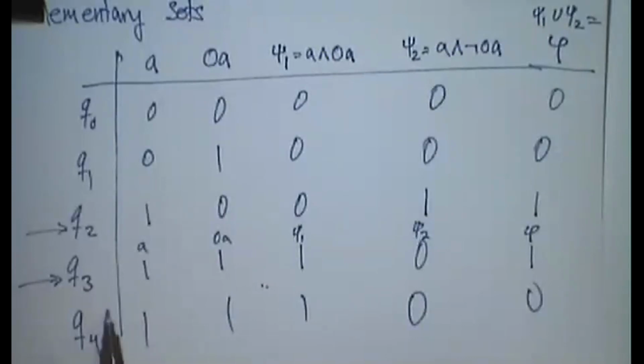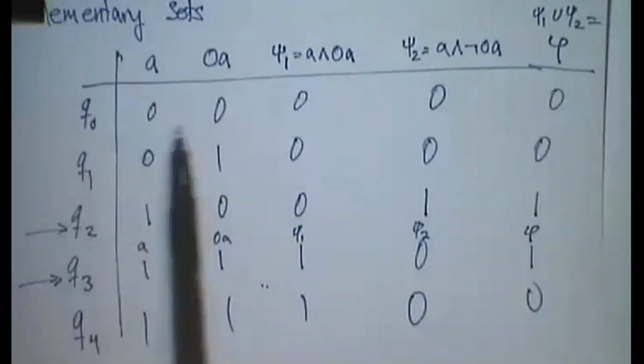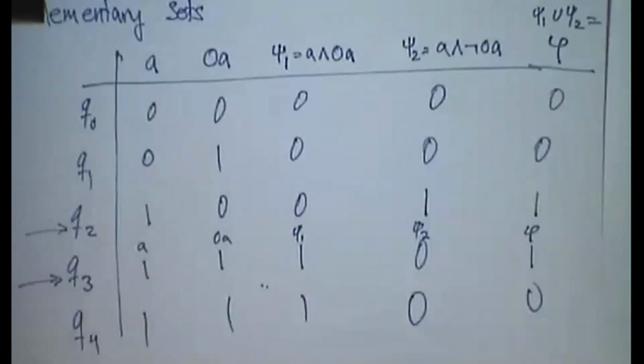Okay, if I'm at Q3, I should satisfy A, but I should also satisfy next A. So I cannot have any successor that does not satisfy A, because all of my successors should satisfy it, right? So I can't go to Q0, I can't go to Q1. Right? Can I go from Q3 to Q4? Why not? So at Q3, I'm satisfying phi, which was psi1 until psi2.